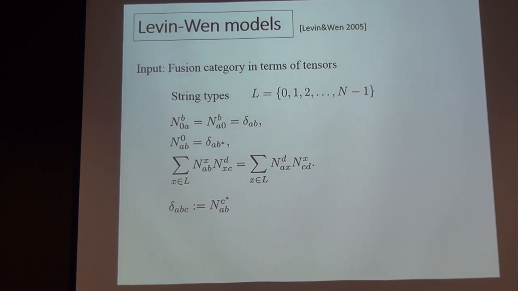Then the possible total spin is either 0 or 1. So this capital N is the rule to couple A and B, and to check whether this zero is the trivial, the identity representation.